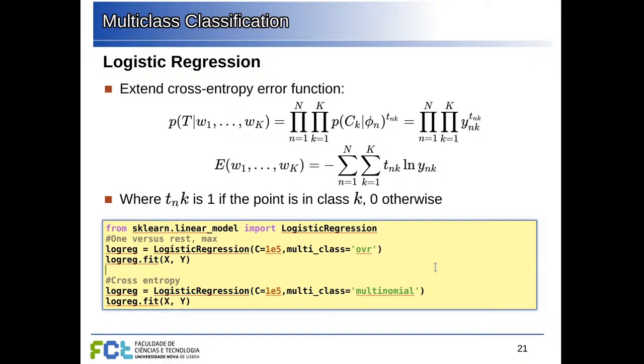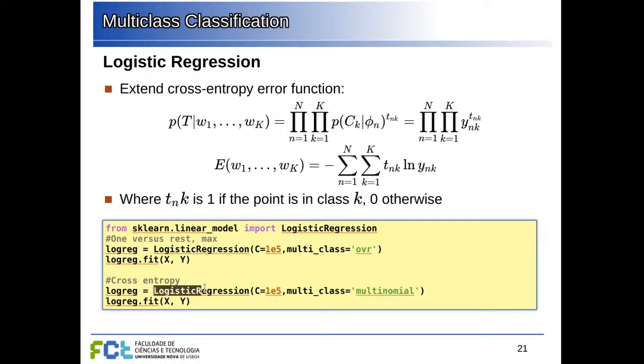So in scikit-learn you have these two options. You can use logistic regression for more than two classes, specifying that you want one versus the rest. In this case you are training as many logistic regression classifiers as the number of classes that you have, and then it will classify automatically according to the maximum of the decision function, or the probability.